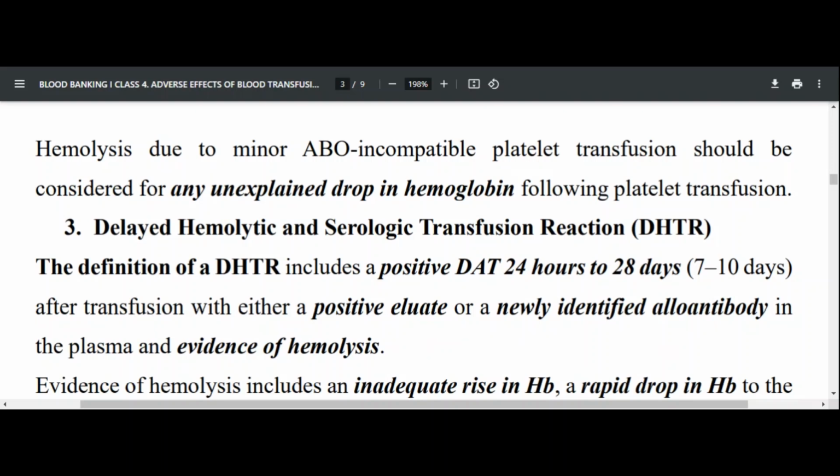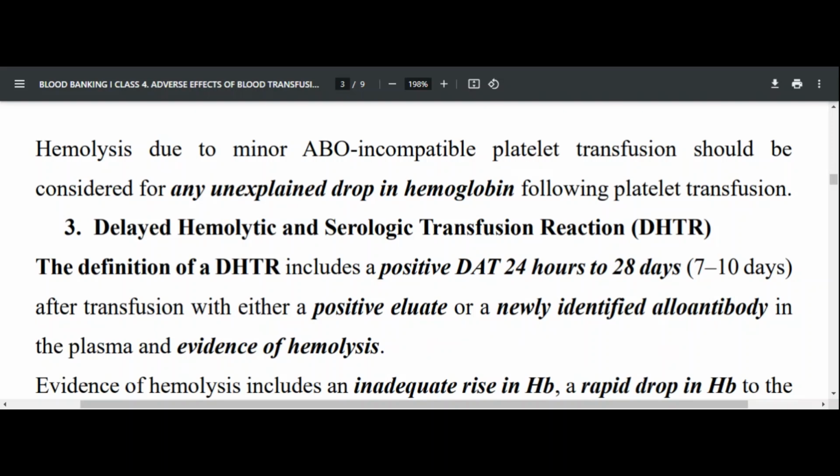So platelets contain antibodies which actually try to destroy RBC of the patient. That is minor reaction. So the third one is called delayed hemolytic and delayed serologic transfusion reaction.